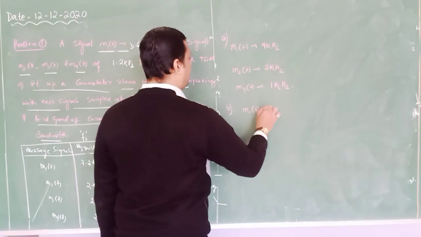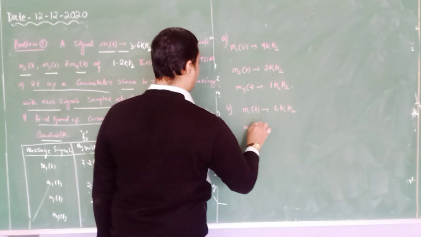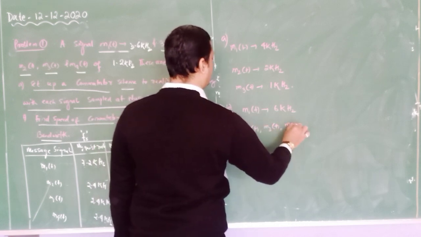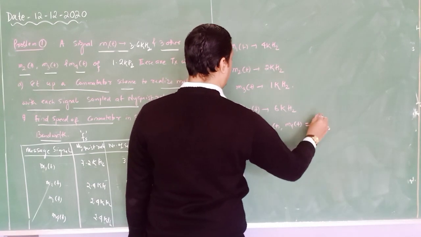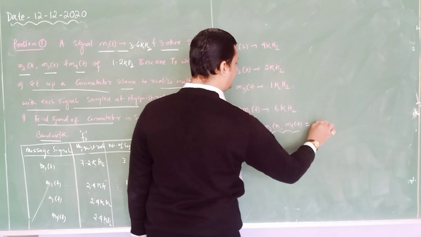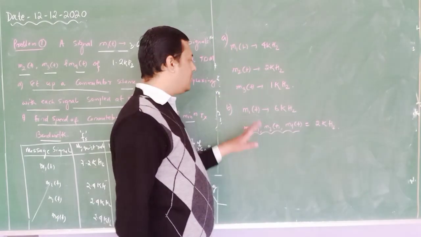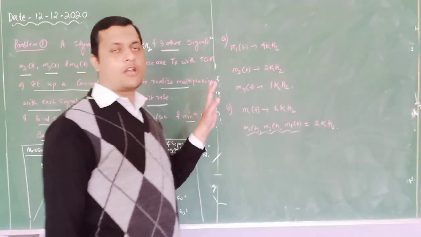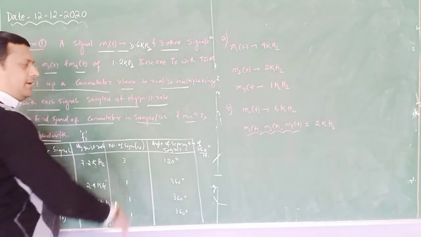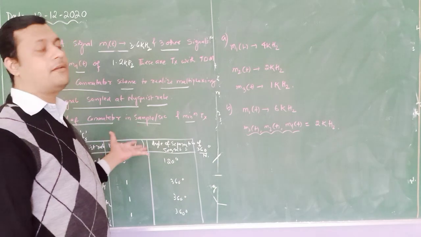Second one, if the message M1 is 6 kilohertz, M2, M3, M4 all message components have 2 kilohertz. Okay, you need to design for this also. You try this particular case, it will be helpful for you to understand the table as well as the parameters which help to determine the TDM properties.